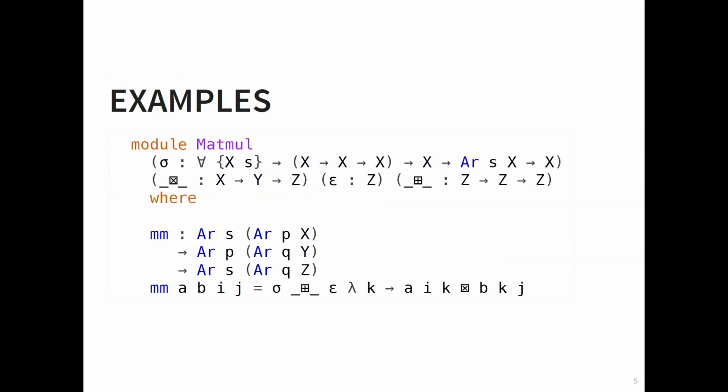Here's a simple example of a rank polymorphic matrix multiplication, kind of generalized, and you can see that the important bit here is that these S, P, and Q are not natural numbers, they're just arbitrary shapes. So this is really some kind of tensor contraction, right? With appropriately chosen operations. Okay, so this is good, and you can keep going.